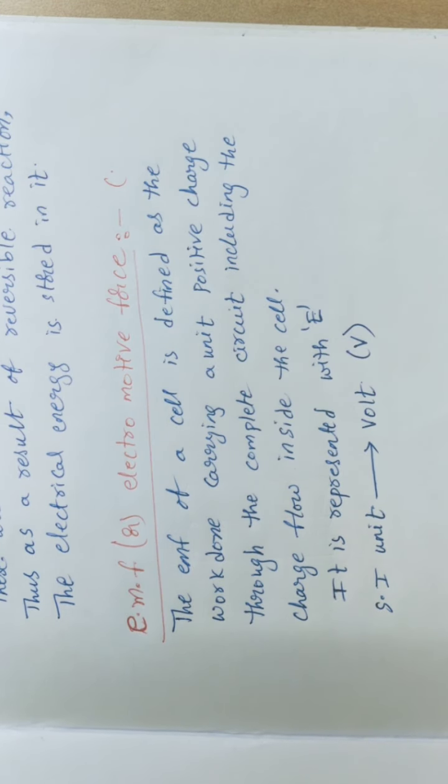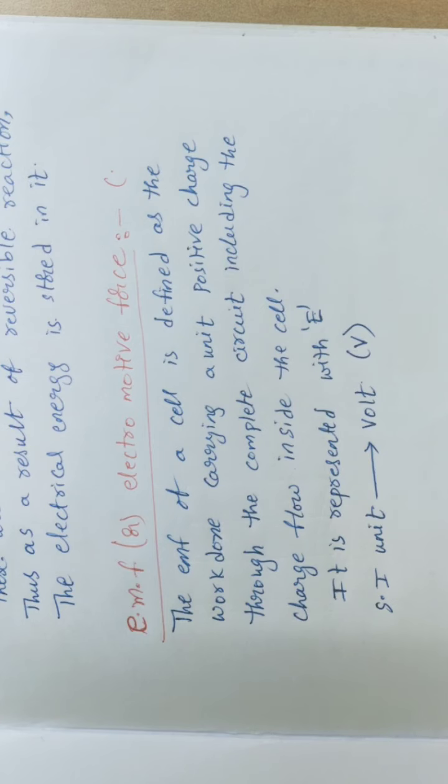Now we go to the definition of EMF. The electromotive force of a cell is defined as the work done to carry a unit positive charge through the complete circuit, including the charge flow inside the cell. Inside the cell also the charge flows, and to move it some work is done.